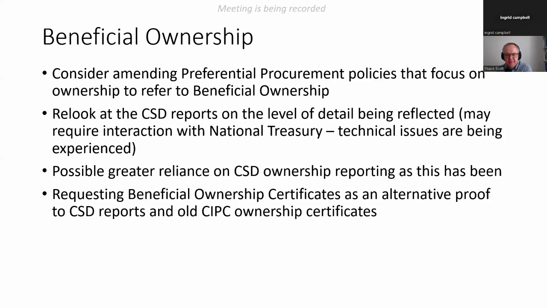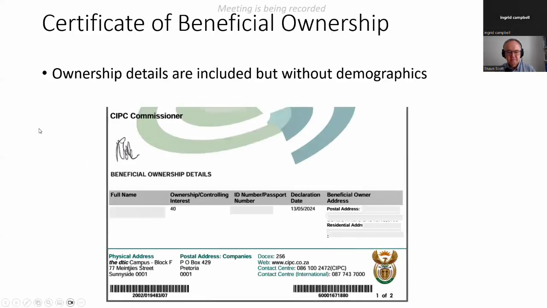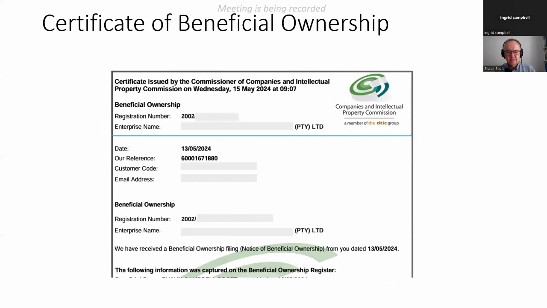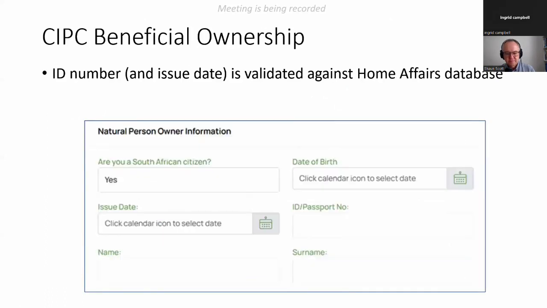Some thoughts. Ingrid, you've got a question or a comment. Yeah, Shaun, you know what? This is in not very complicated cases, but I go back to the case of a large listed entity that set up beneficial trusts for ownership, etc. That is only verified by a SANAS-approved procurement verification agency.